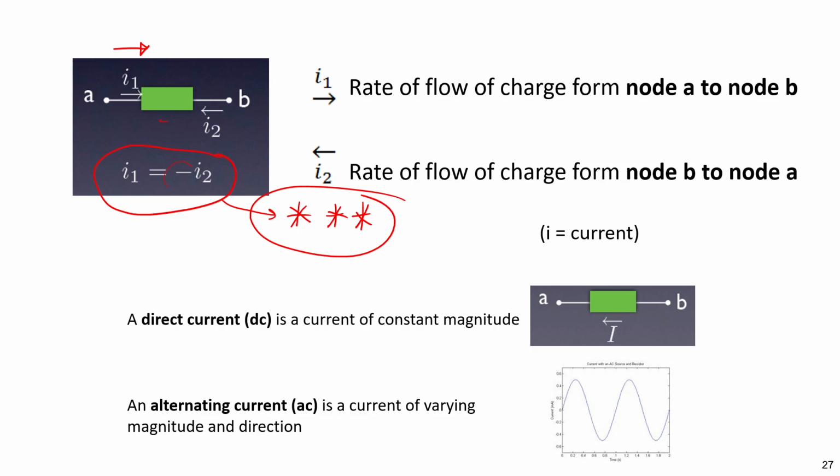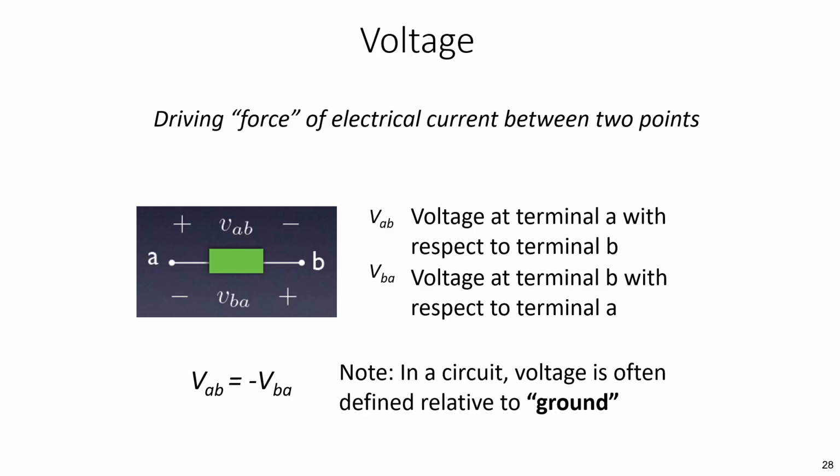Okay, and we have direct current and the AC current. Also the voltage. VAB, if we say it's the positive direction and negative direction at A node and B node respectively, and VBA would be the positive direction at B side and negative at A side, and VAB will be equal to minus VBA.